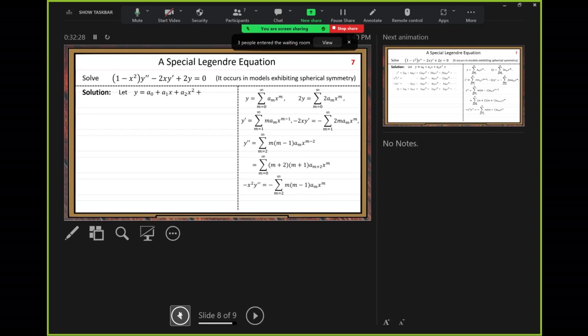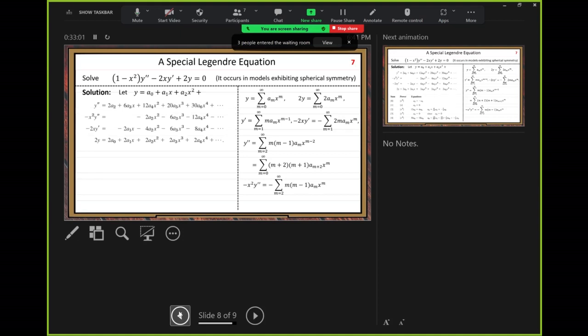We have to make them the same general term, then we can do addition. Here, minus 2, when we multiply x squared, minus 2 is gone. So we get the same general term, a sub m times x to the m. All right, so I list it, do the preparation.